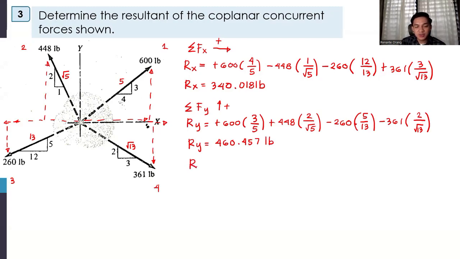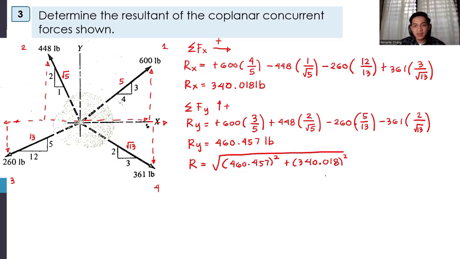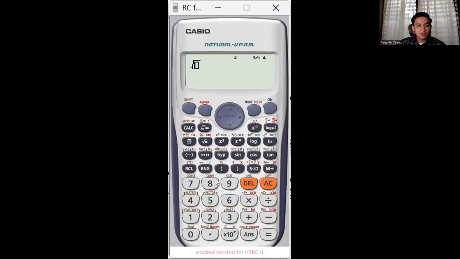We can solve for our resultant, which is equivalent to the square root of our Ry, which is 460.457 squared, plus our Rx, which is 340.018 squared. It is all under the square root, and then we use our calculator. Square root of 460.457 squared plus 340.018 squared.